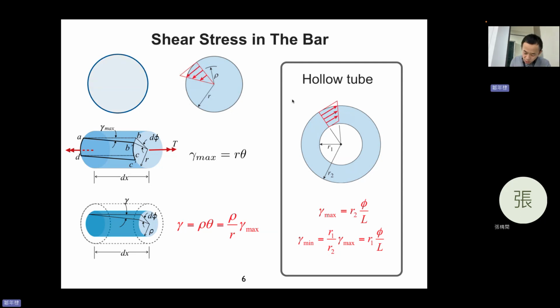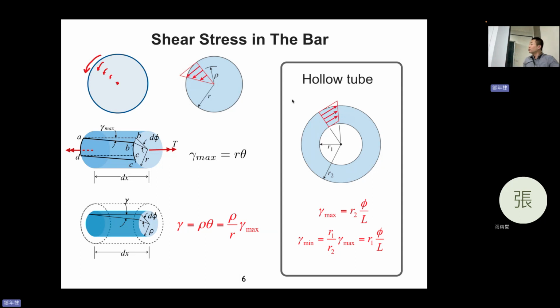Okay, you have a cross section, and when you rotate it, you apply your torsion. You're usually using your hand, grabbing the bar and then doing the twist, right? So you can imagine your torsion is applied like this, and actually the center never moves, right?